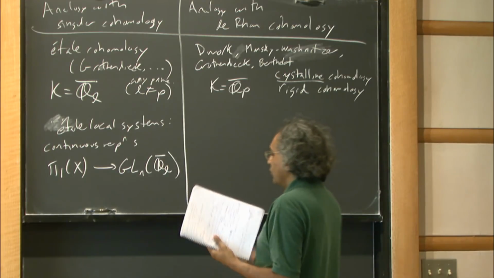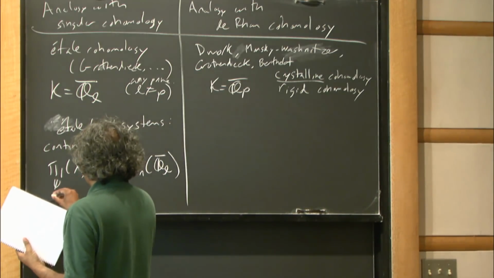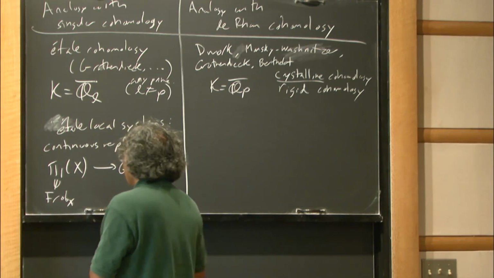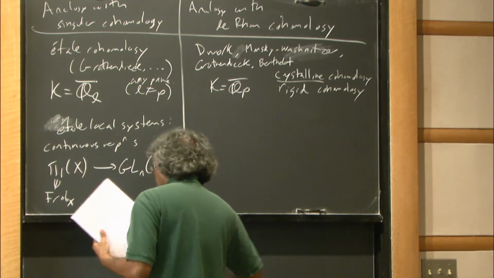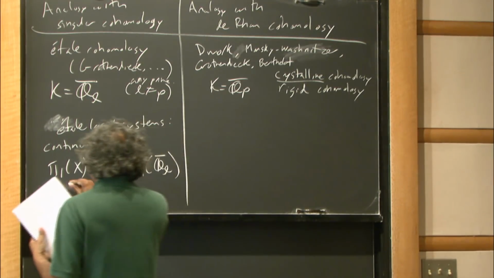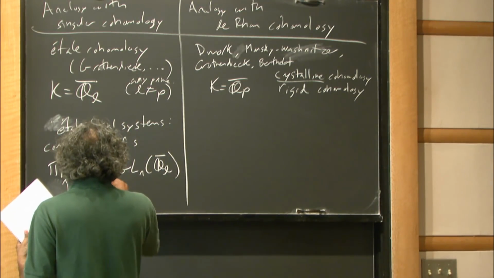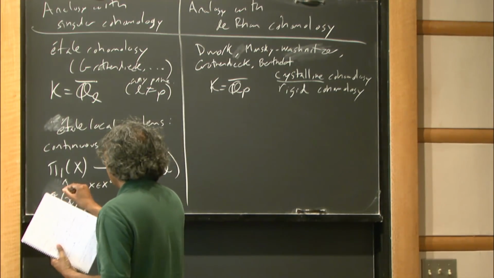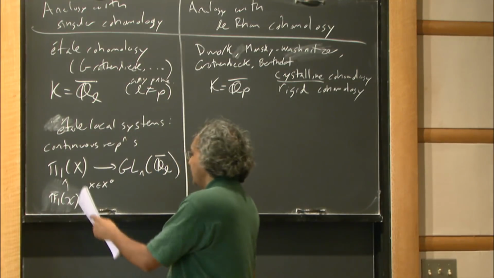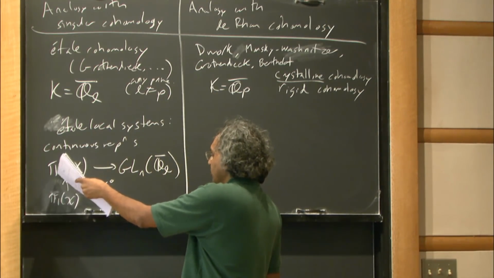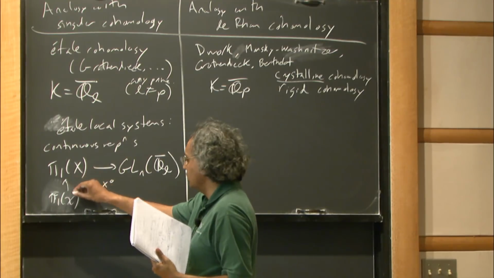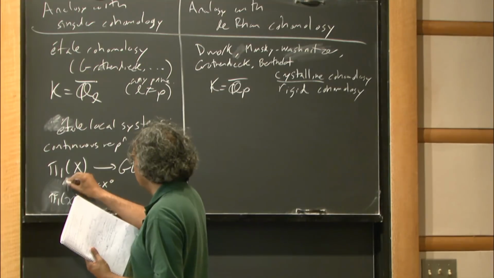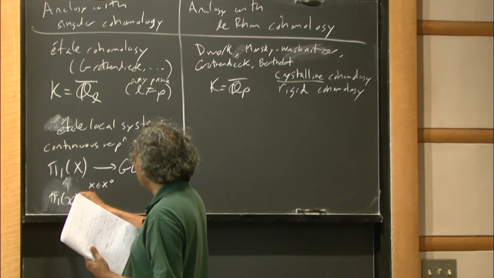And so the point is, for every closed point, maybe I should say it this way: if x is a closed point, you can think of the closed point as a scheme in its own right. As I said, this construction is functorial, covariantly functorial. You can restrict from the fundamental group of X to the fundamental group of little x.